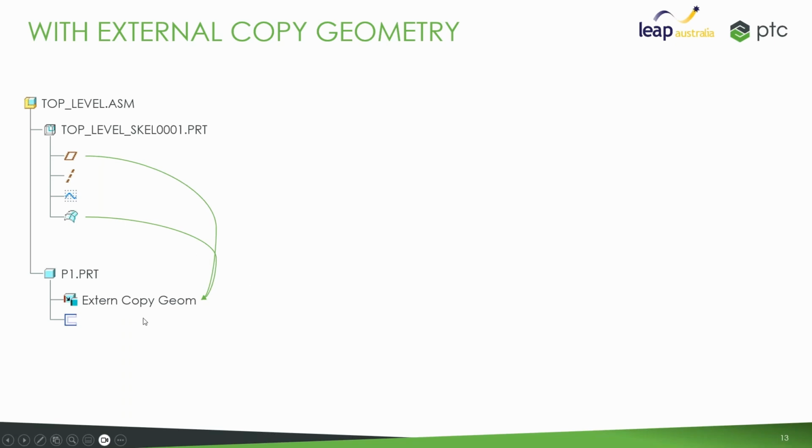Now, the link in this case is directly between this part and this part, okay? So the reality is there's no link to that top level assembly. So the link is very direct.